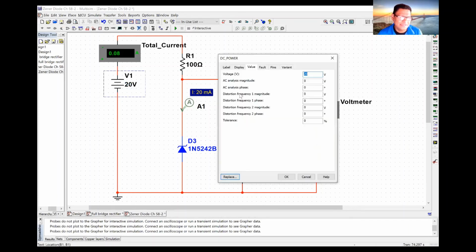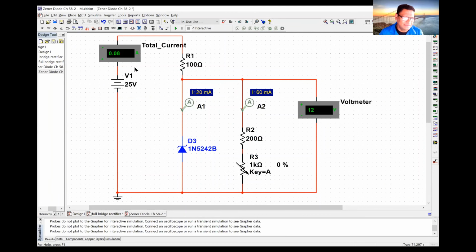So let's increase this voltage from 20 to 25 volts, and let's see what happens. Please keep in mind that by increasing the voltage, I should be able to increase my current. It's Ohm's law, right? If voltage goes up, then our current is supposed to go up.